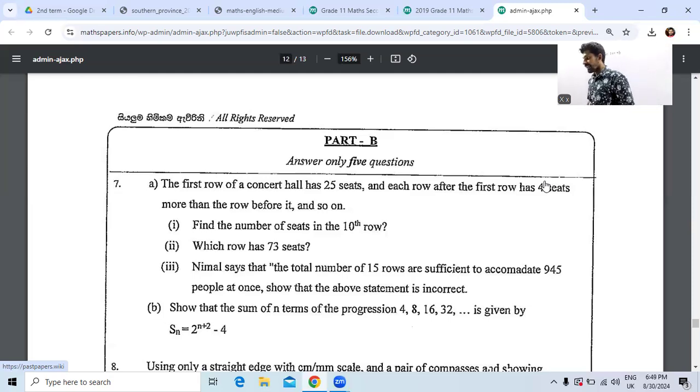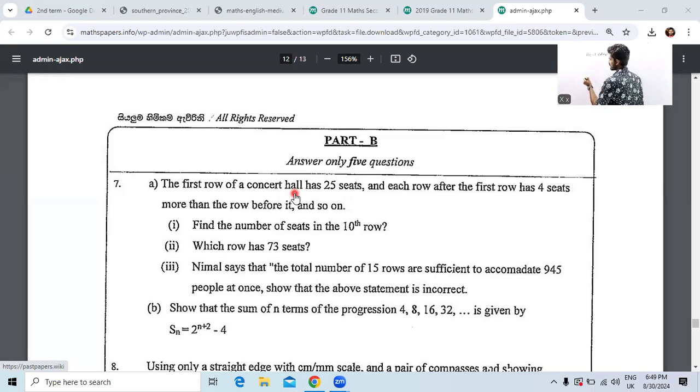The first row of a concert hall has 25 seats. The second row has 4 seats more than the first row.